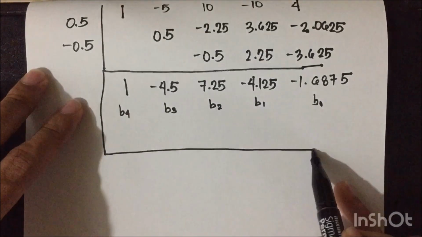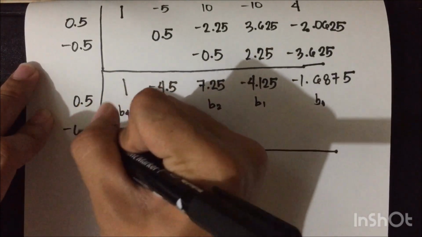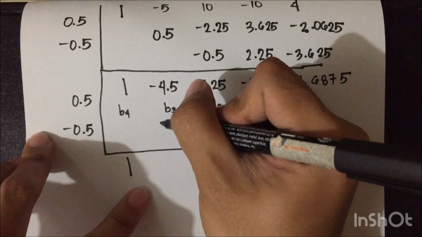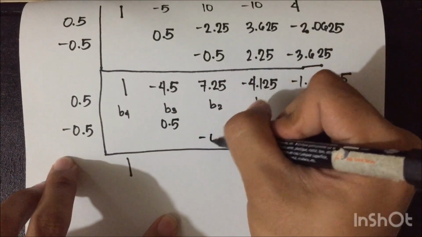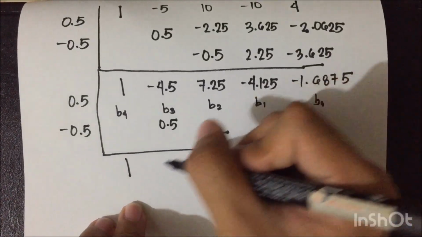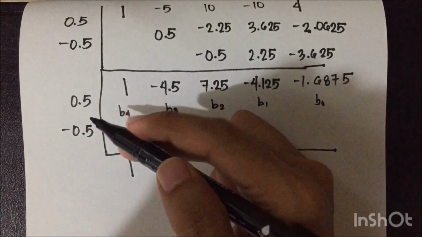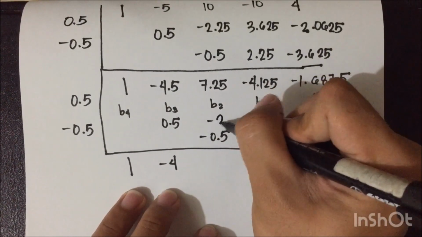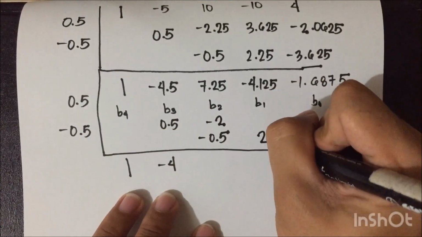synthetic division ulit using the same values of R and S. So again, bring down 1 times 0.5, then negative 0.5. We have here negative 4 times 0.5 is negative 2, so times positive 2.